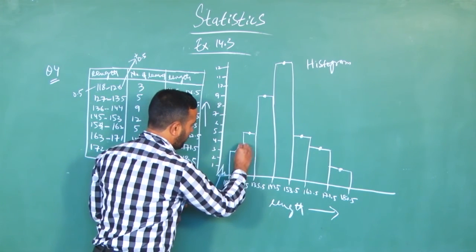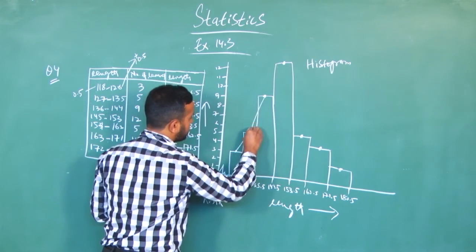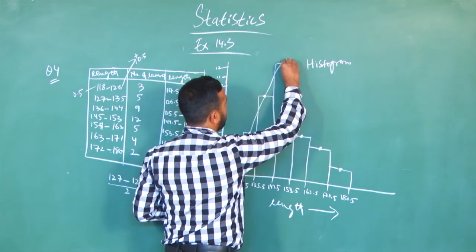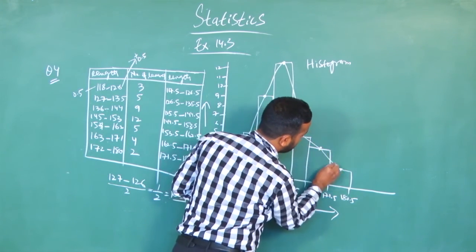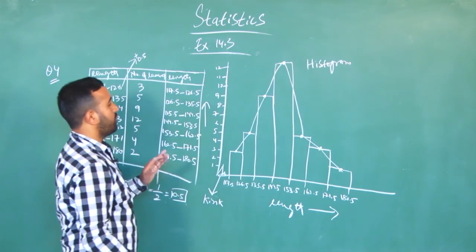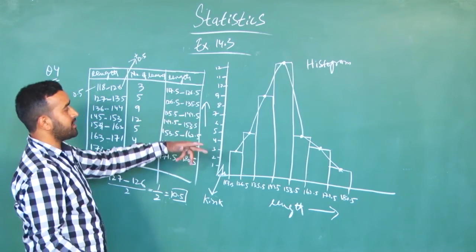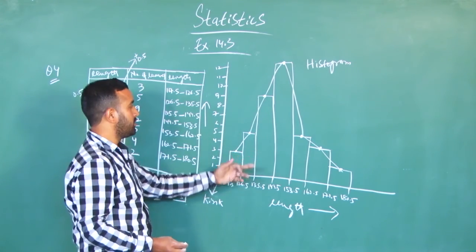Then we have to join these midpoints. So this is the first type of polygon, by using the histogram.